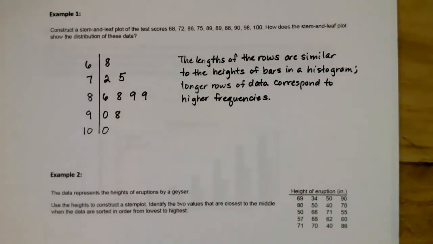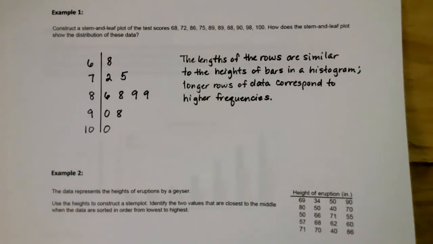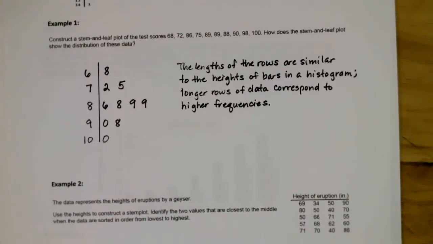What that means here is this, and this makes sense, because if I took this paper like this, you're going to see these stems will represent those values on the horizontal axis, and these leaves represent the height in the histogram. Okay, so that stem and leaf plot does look similar to the height of the bars on the histogram.